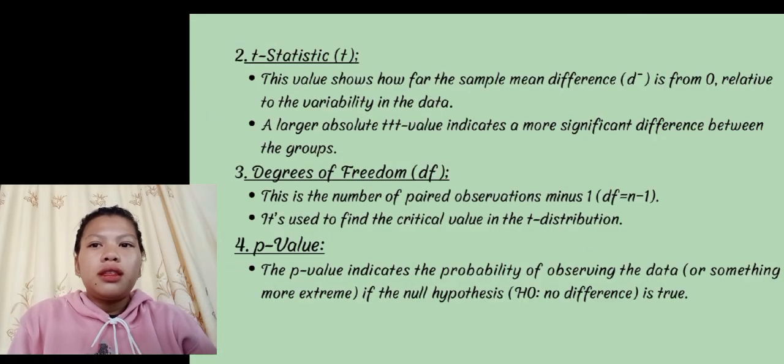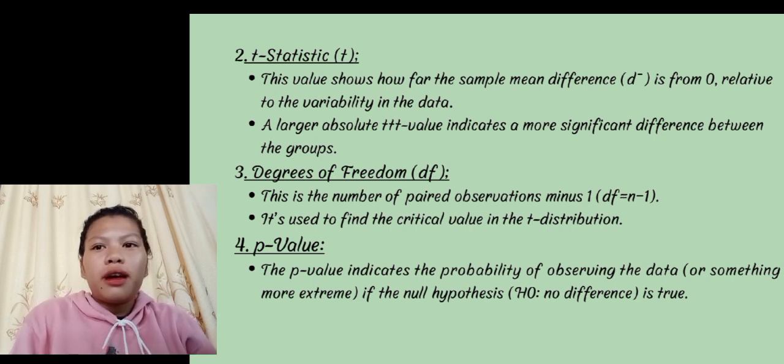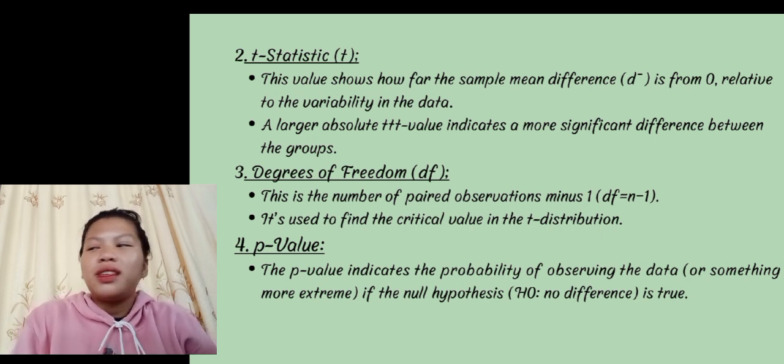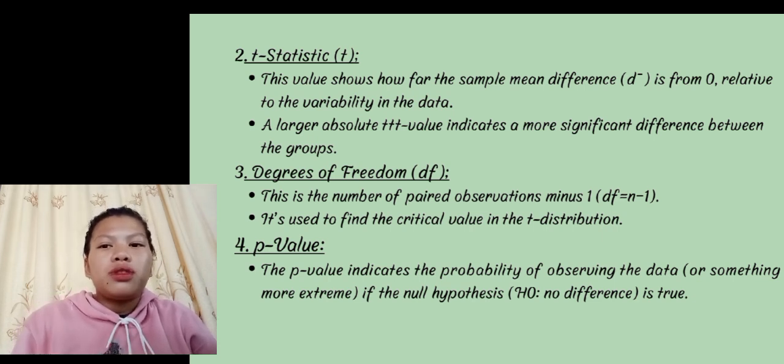2. T-statistic. This value shows how far the sample mean difference is from zero relative to the variability in the data. A larger absolute t value indicates a more significant difference between the groups. 3. Degrees of freedom. This is the number of observations minus 1. This is used to find the critical value in the t distribution. 4. P-value. The p-value indicates the probability of observing the data, or something more extreme, if the null hypothesis is true.